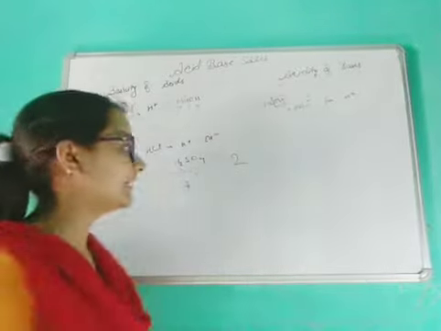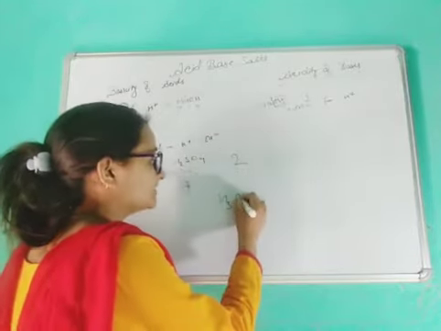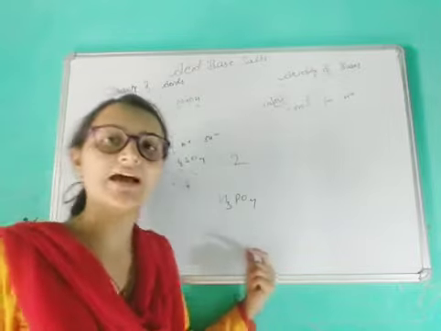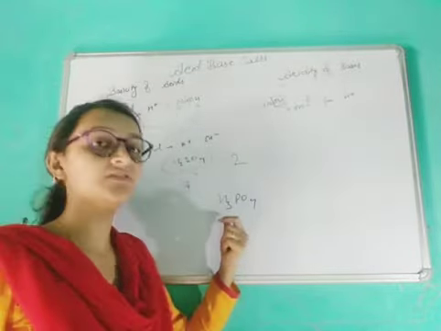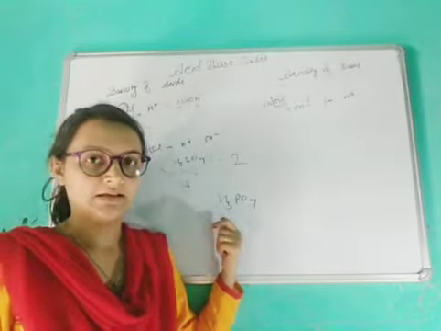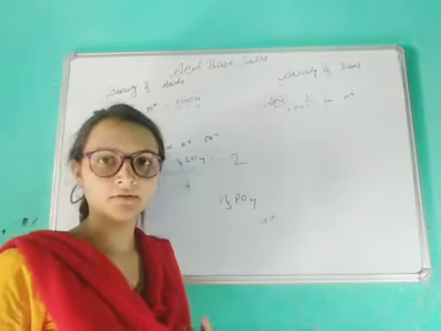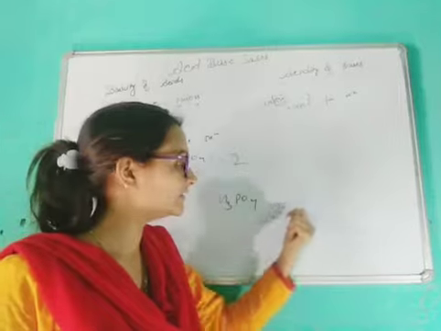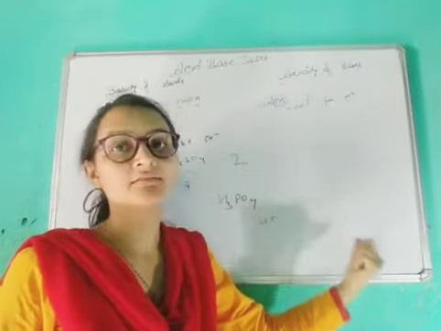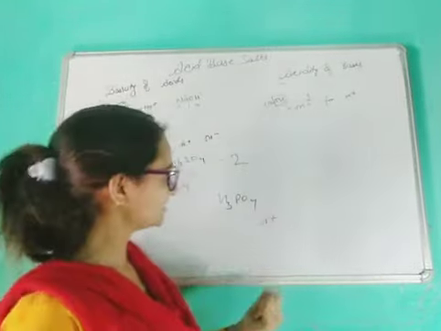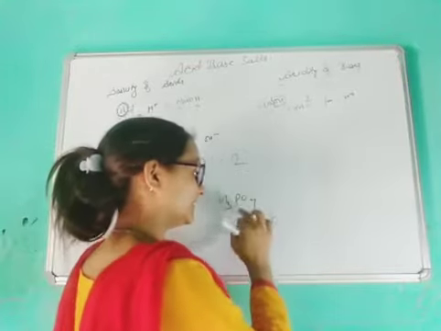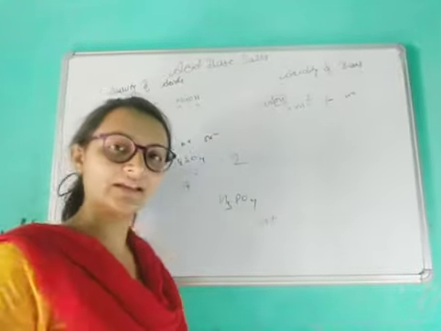If we have H3PO4, it's an acid having 3 hydrogens. So it will release 3 hydrogen ions for combining with 3 base molecules. That's why this is an acid, but its basicity will be 3.